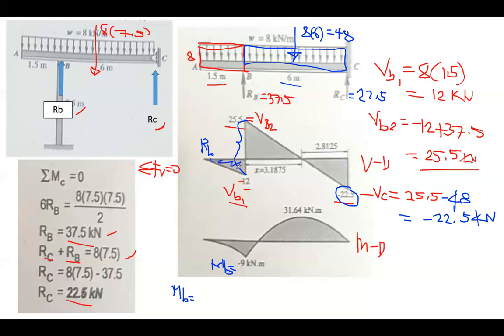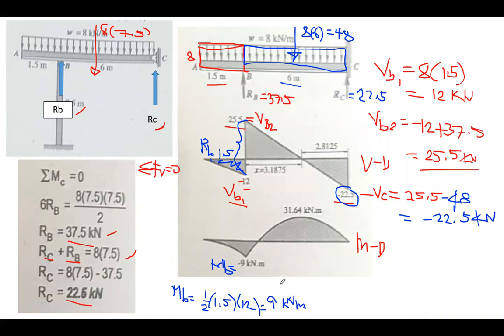What is this area? 1/2 of 1.5 times the height of the triangle, which is the shear, 12. So it is just equal to 9 kilonewton meter. It's negative because it's going down. We can just write 9 kilonewton meter, but we all know that it is negative.